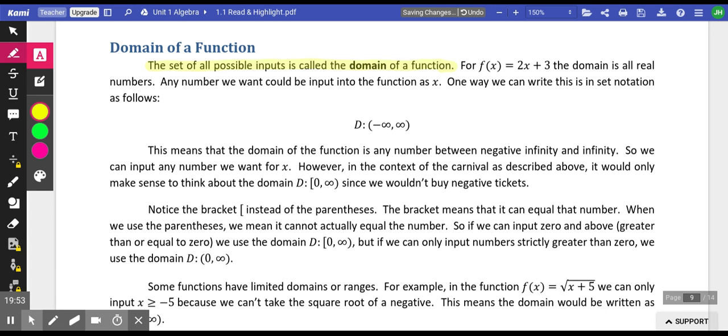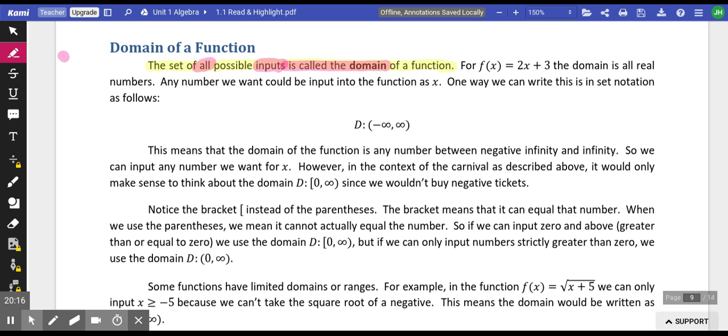I highlighted that whole thing. It makes sense. I might have wanted to just highlight a little portion of it, like the set of all possible inputs. Okay, but the set of all possible, we'll talk about that more as we go.